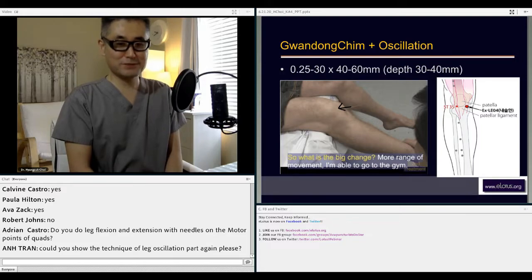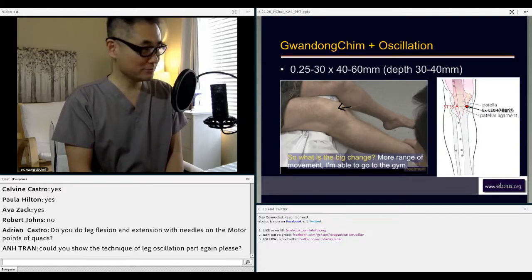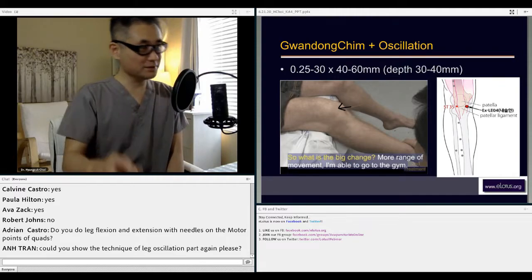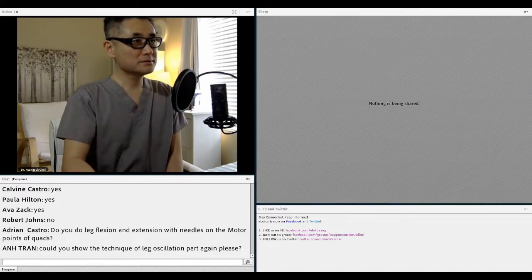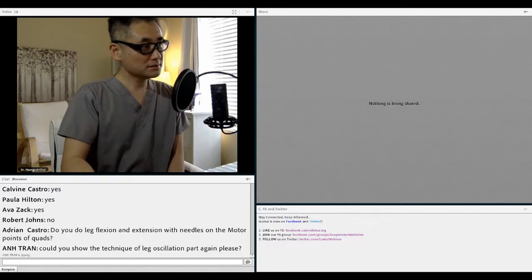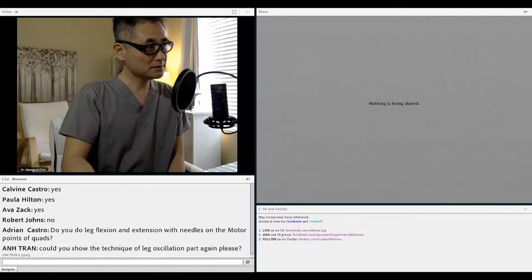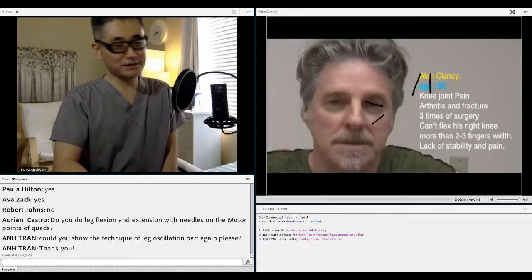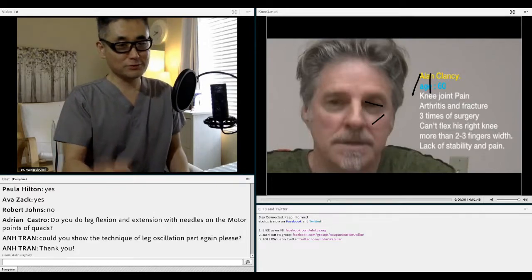I think he is the most famous doctor in Korea, worldwide. And could you show the technique of leg oscillation part again? Sure. Actually, Dr. Shin, he made this kind of technique popular all over the world.